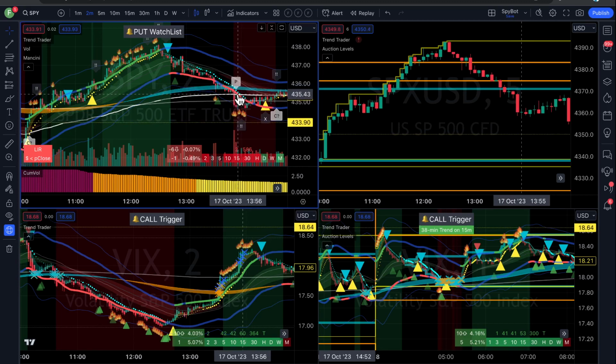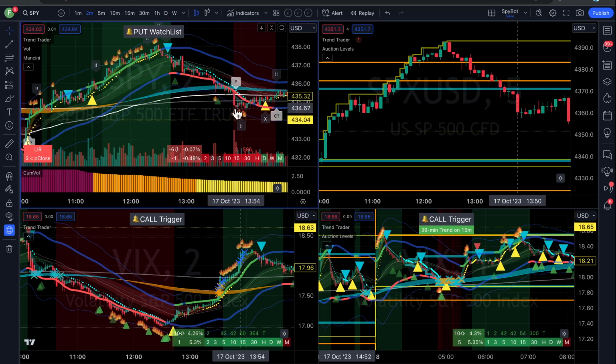I took one contract and I made $700 just on this one candle. And I sent a screenshot to Victory, so he knows it. I missed this move, but on this one candle, one SPX 0DTE, I made $700.